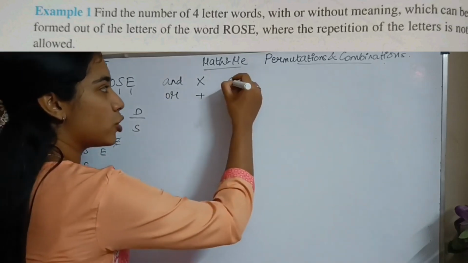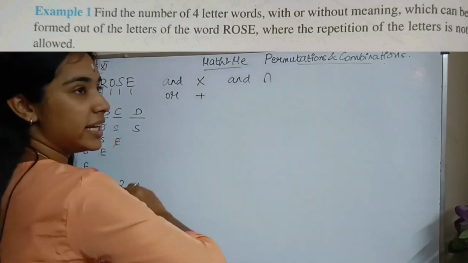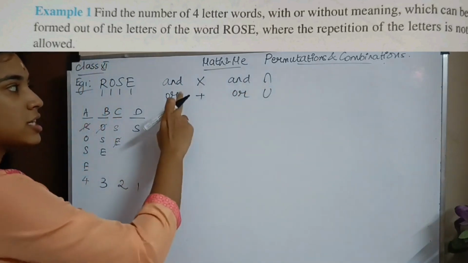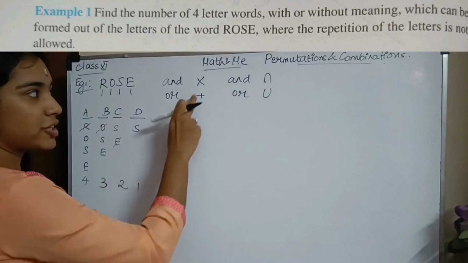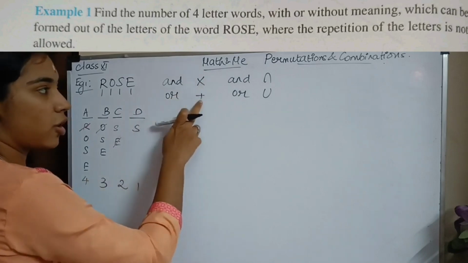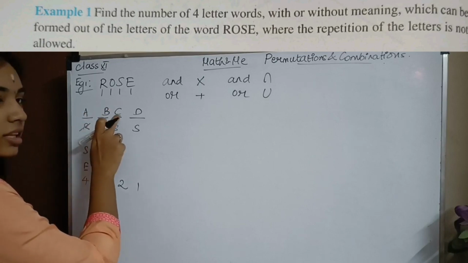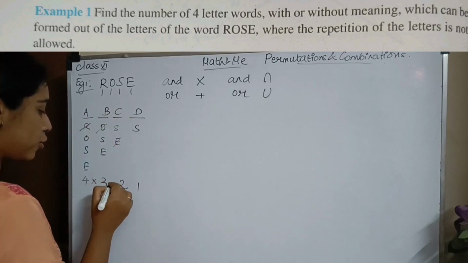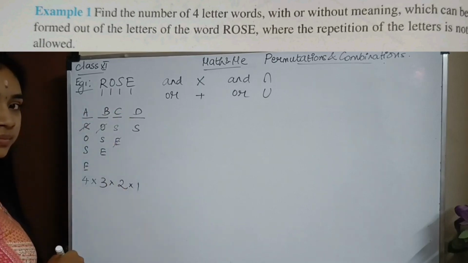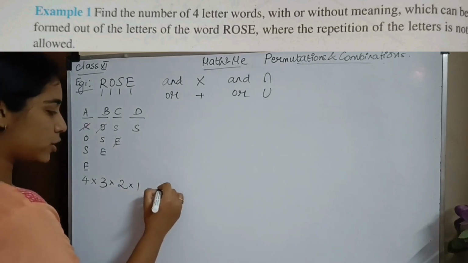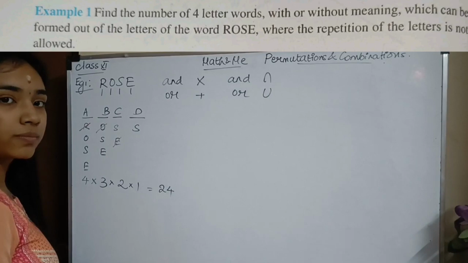Like how we saw in sets? 'And' is intersection, 'or' is union. Correct? So for 'and' in permutation and combination you have multiplication, and for 'or' it is addition. Okay, so I want the first and the second and the third and the fourth. So basically 4 into 3 into 2 into 1. Okay, so I have so many different possibilities. 4 3s are 12, 12 2s are 24.